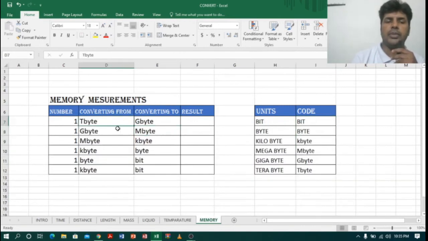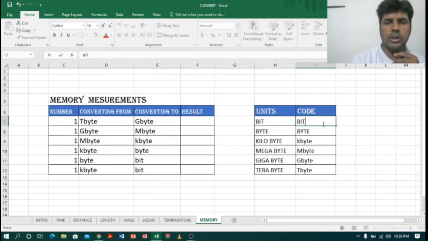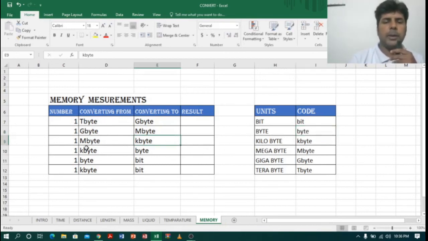It's memory, computer memory. I've taken terabytes, gigabytes, megabytes, kilobytes, bytes and bits. In these codes, these are small letters. Bit is a small letter and byte is also a small letter. Now you can see here, in terabyte, T should be capital, remaining small letters.